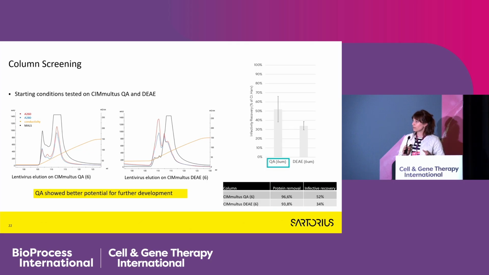To see the difference between the two columns, we primarily focused on infectivity recovery, which was the most important part, and then also removal of impurities and other characteristics.